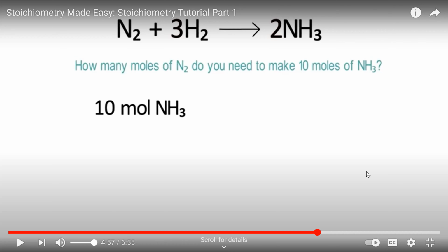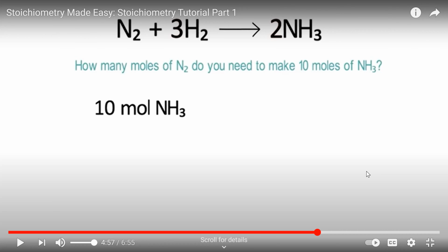So that means, simply, you said that here is just 1 mole, and that represents 2 moles of ammonia, yes or no? So 1 mole of nitrogen produces 2 moles of ammonia. So we ask what would happen if we have 10 moles of ammonia. That means the amount which we need. So we can say that 10 moles of ammonia, we are going to multiply by the ratio here.